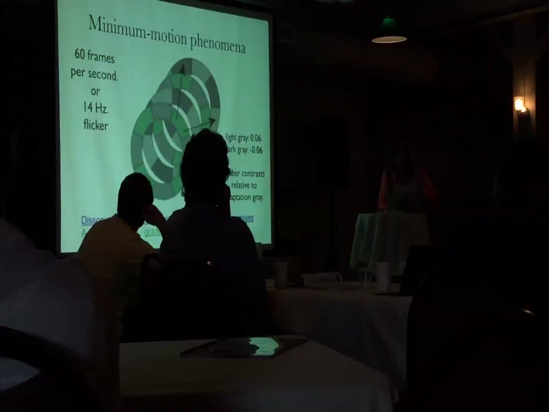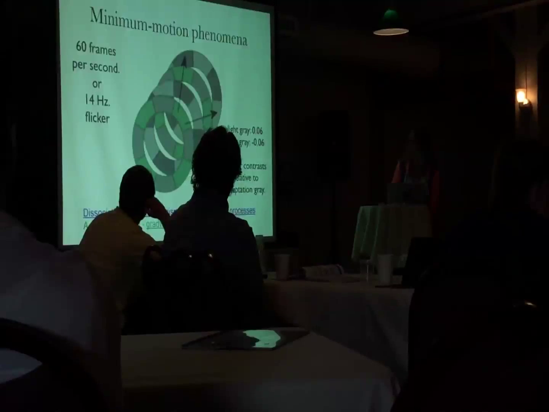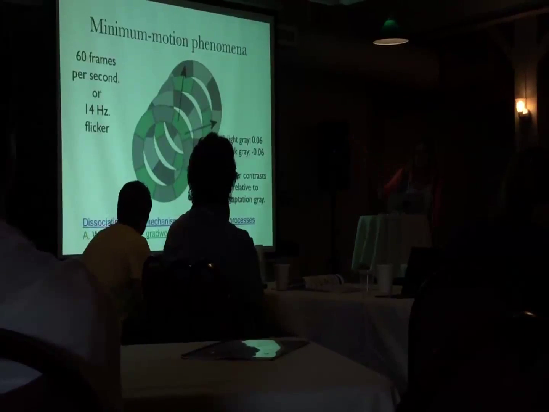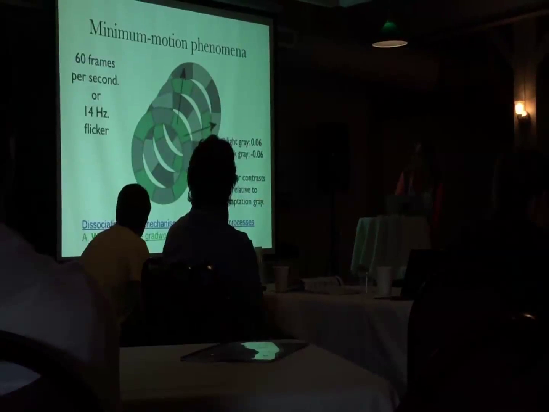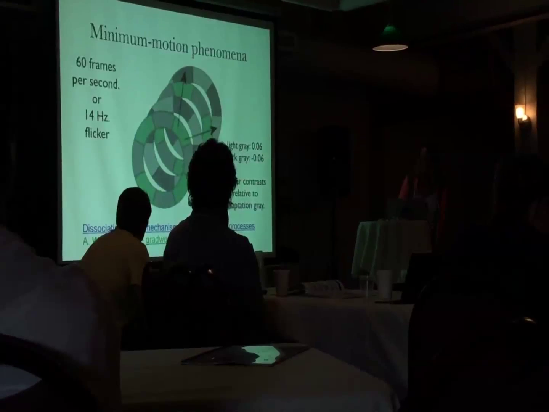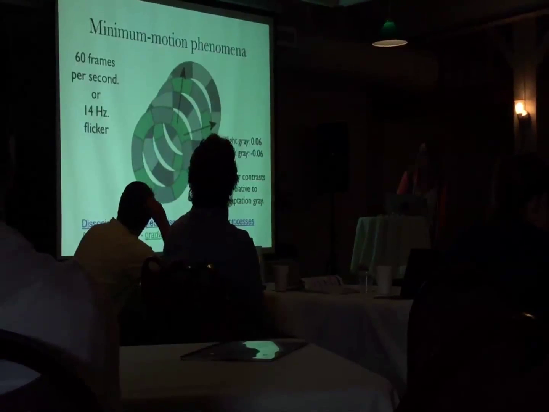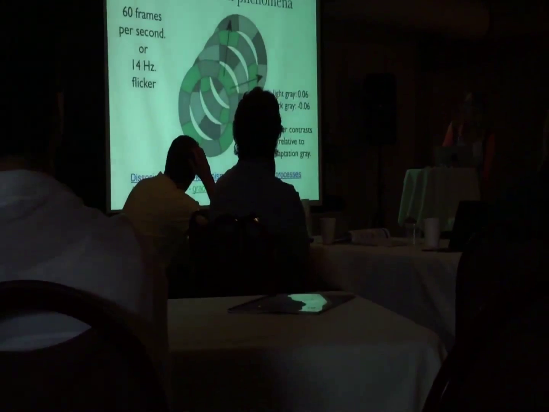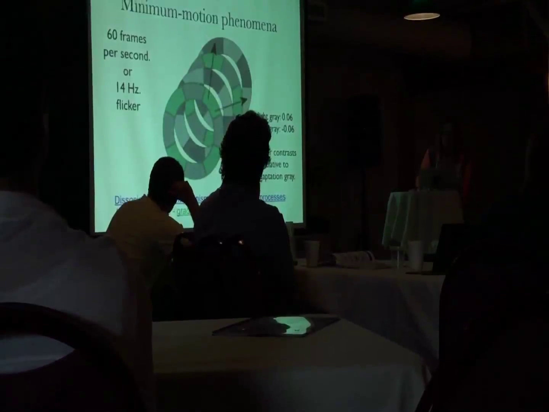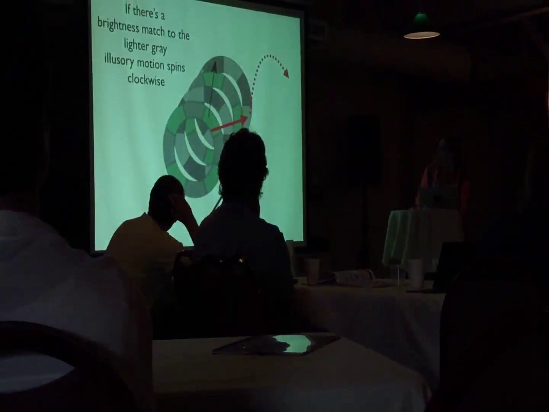The actual stimulus looks something like this. You have a successive set of frames that are presented. This is in time here that we're showing these panels of 8 frames of gray and colored types of stimuli. The frames are presented flickered at about a 14 hertz rate, and Winkler did some work on this across different color spaces.